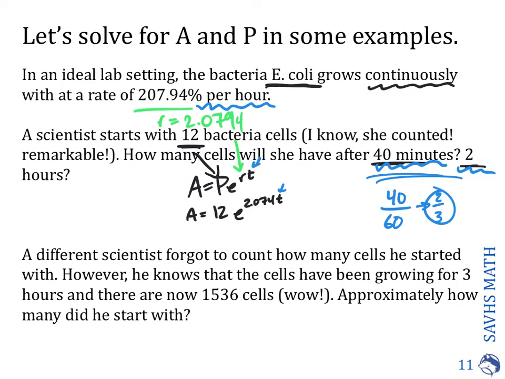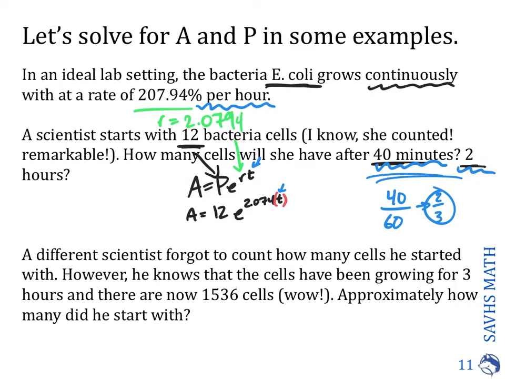It's good to use your calculator for this, and one reminder about using Desmos is just remember to have parentheses right there so that this T doesn't jump down out of the exponent, which happens sometimes on Desmos. Okay, 12E to the 2.074, and then times 2/3.